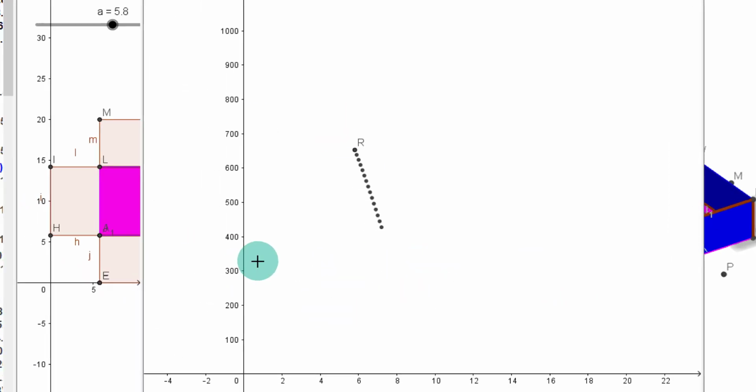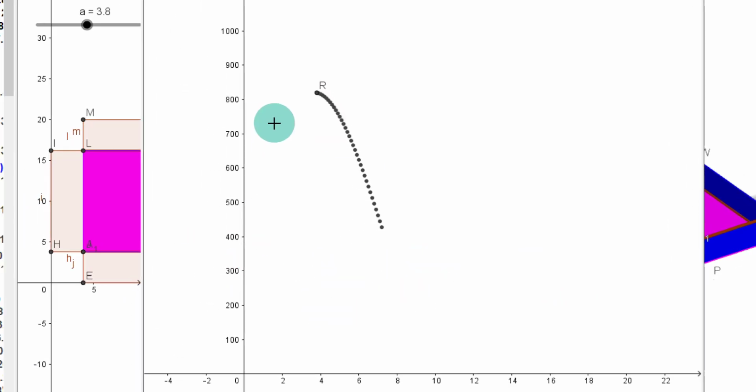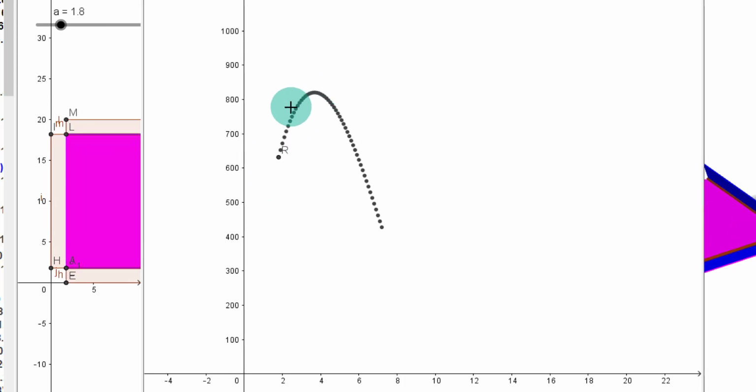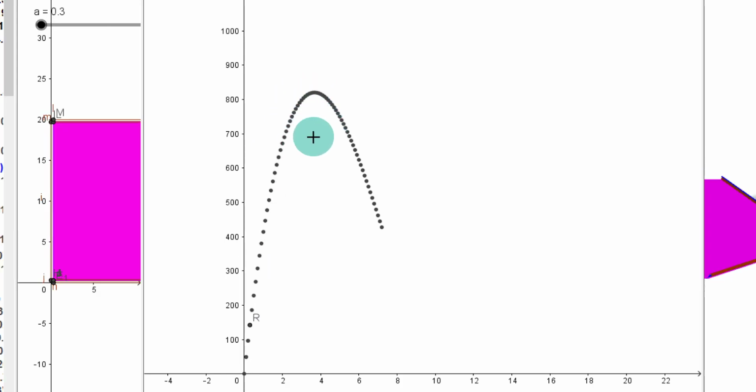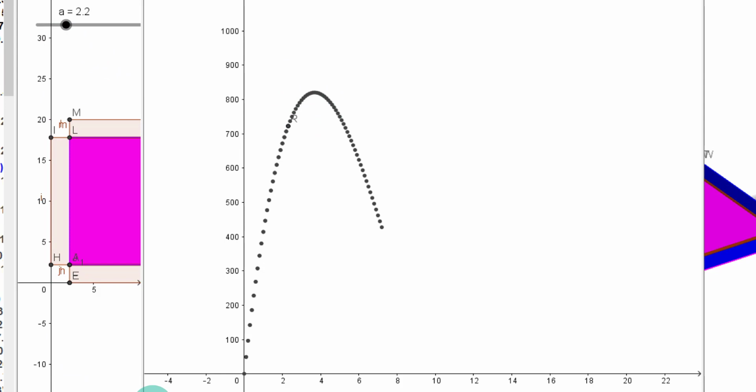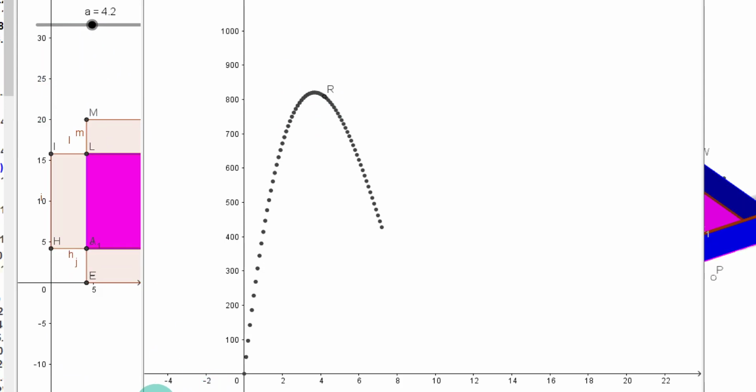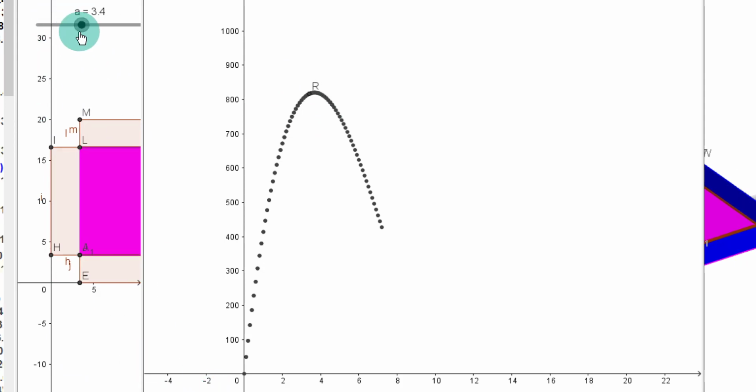Here it's very plain to see where the maximum is for the volume. It's about right here. This value happens when the height, or the amount that we're cutting out, is about 3.5 to 3.8 inches. So that should be our answer, somewhere in there.